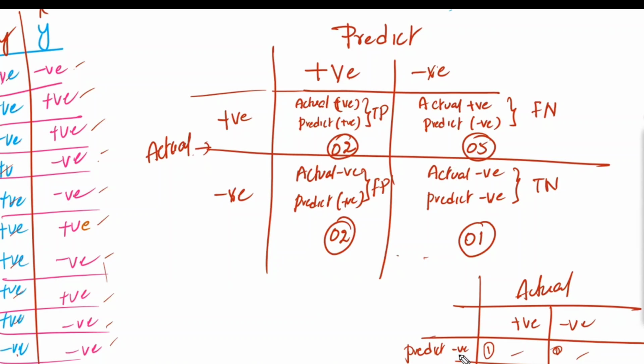For this matrix, what is in the first portion? Which comes in the first portion? TP, FP, FN, TN, only these 4. Out of these 4, fill the values. If this is the scenario, fill the values of the 4 positions.